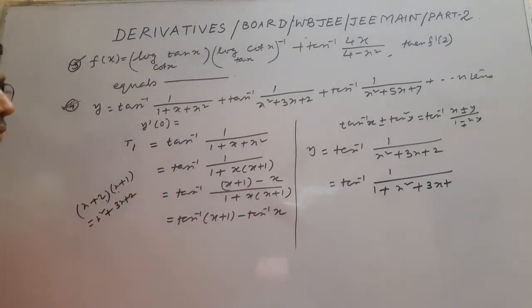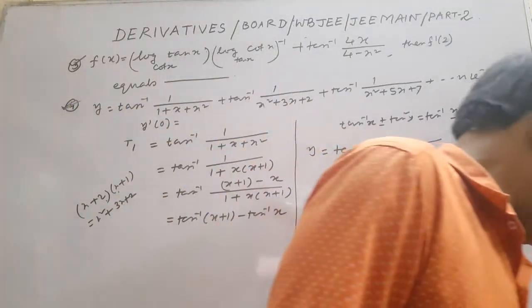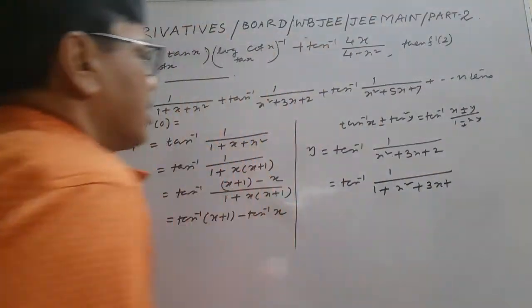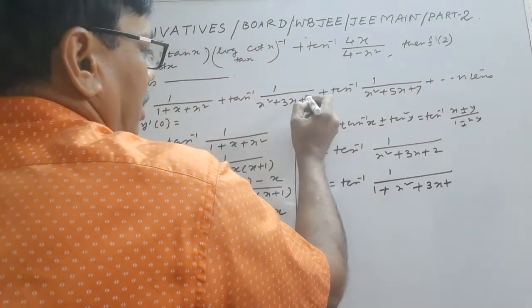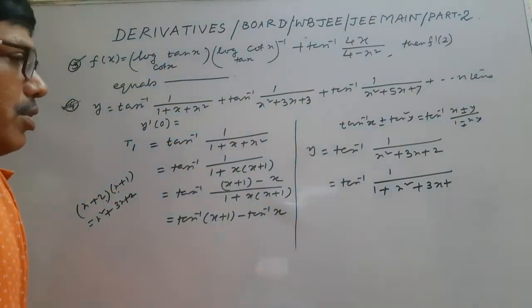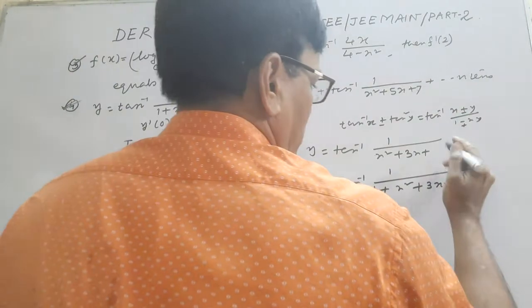Now this one, you correct it: x² plus 3x plus 3. This one is plus 3.